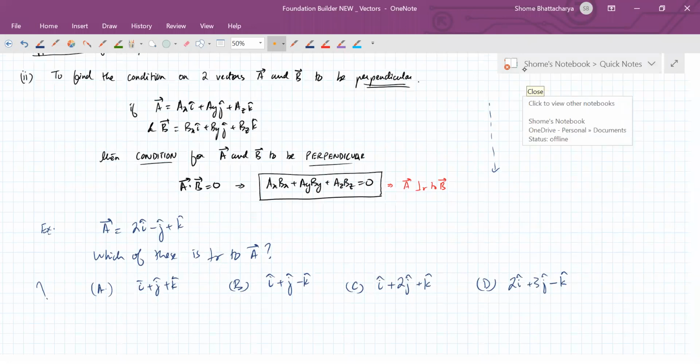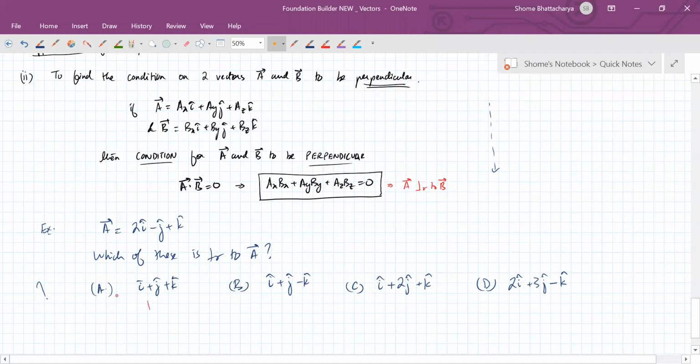Okay, so let's check it out. So what you have to do is you have to take the dot product. So in this one, suppose I say that this vector is b, you can see that a dot b is how much? It is 2 into 1 plus minus 1 into 1 plus 1 into 1. So that's a positive quantity. It's plus 2. So this is not going to be the answer.